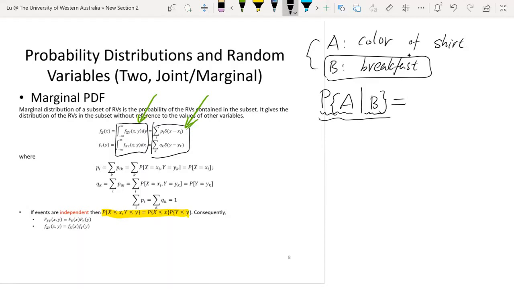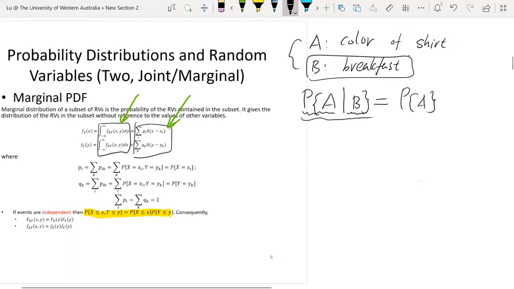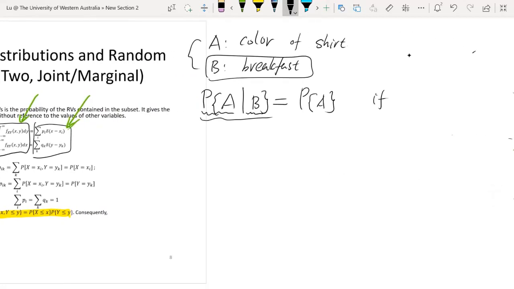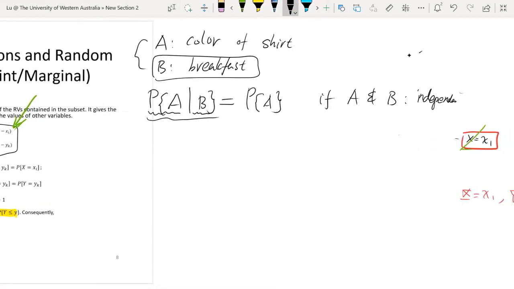But these two things have no relationship at all. Knowing B or not knowing B cannot affect the evaluation of the probability of A. So this is equal to P(A), if A and B are independent.